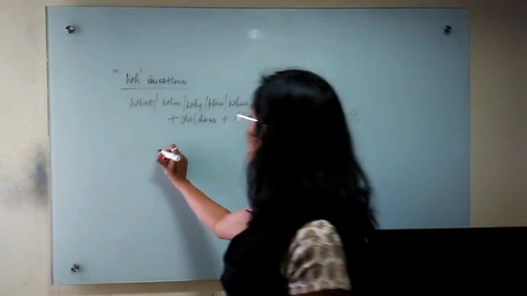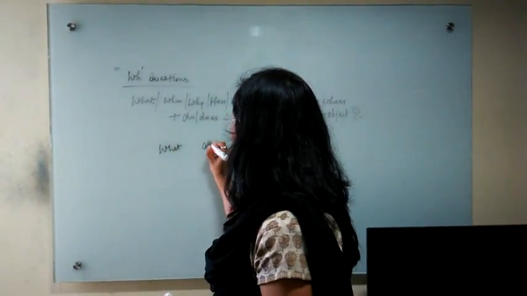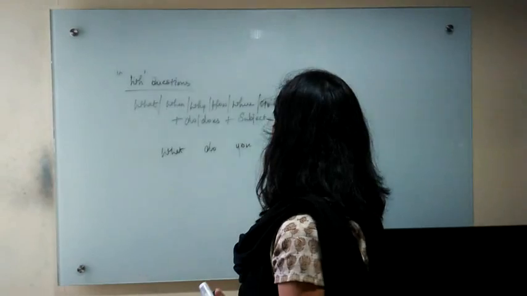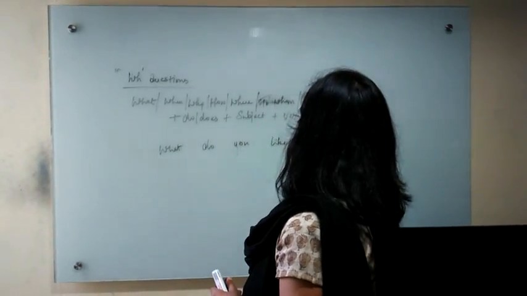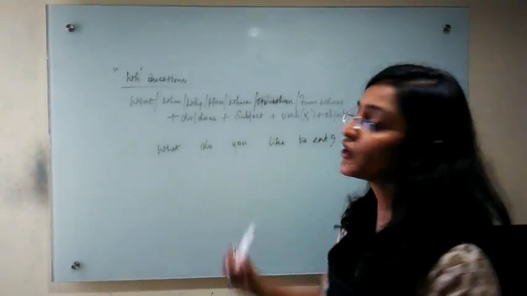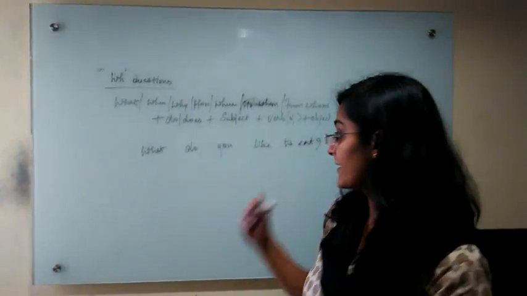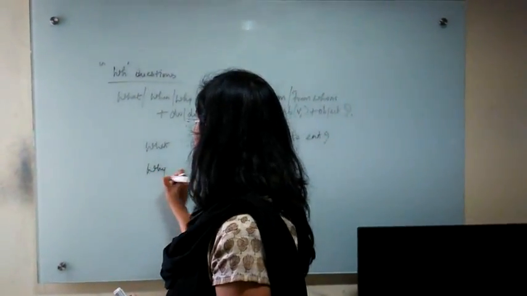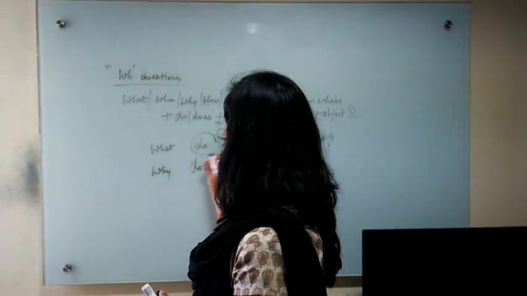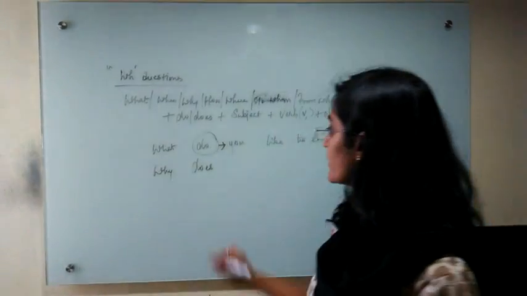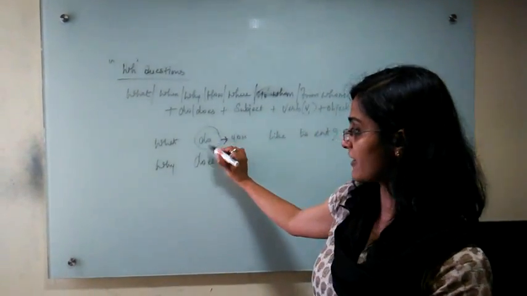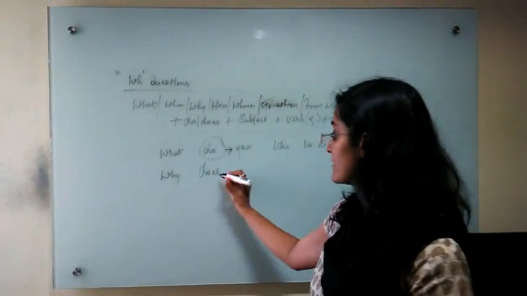So, what do you like? What do you like to eat? What do you like to eat? Then, why does, see, when we use do, we have to use you, because it's based on the subject. We have to use do or does based on the subjects.